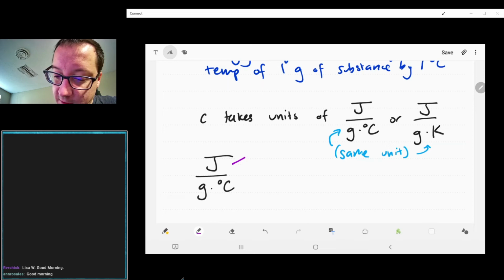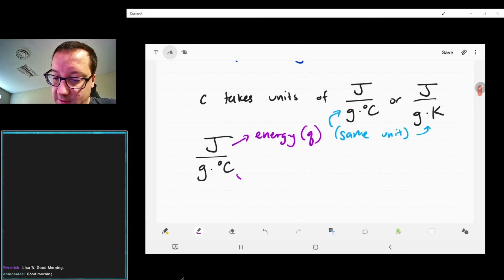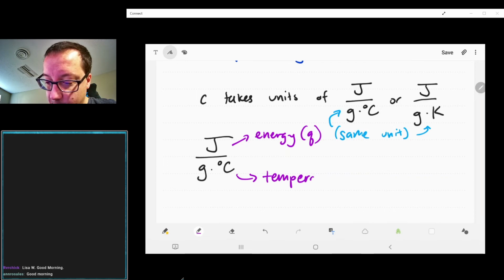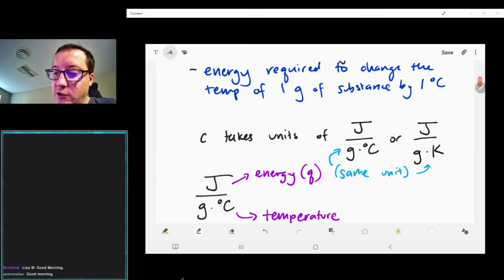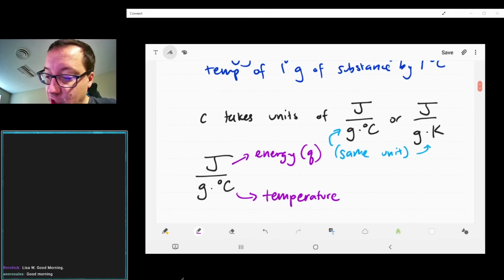Joules is a unit of energy, which is given the abbreviated letter of Q for some reason. Degrees Celsius, of course, is a measure of temperature. But notice since our definition actually talks about changing the temperature, this is going to be a temperature change.